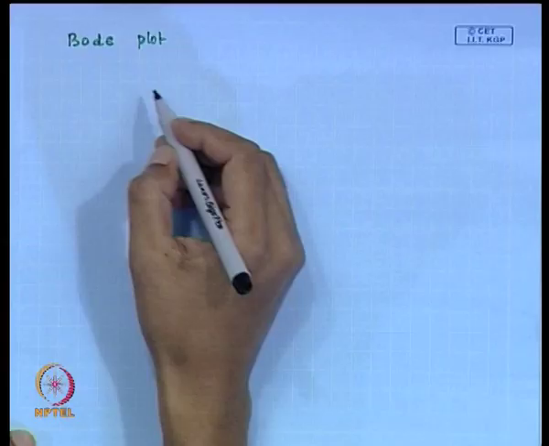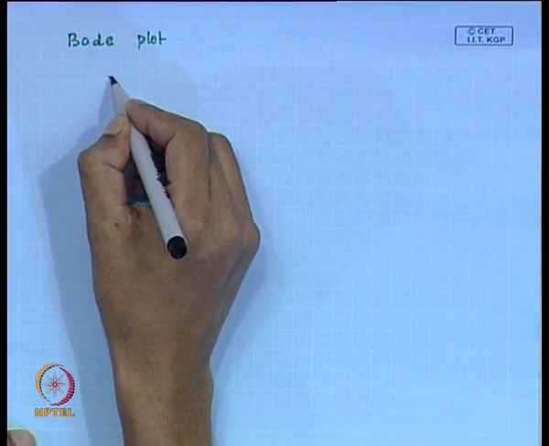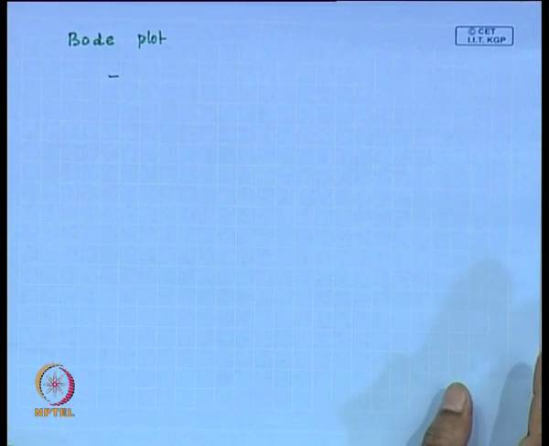So, this Bode plot is a graphical representation of amplitude ratio and phi.